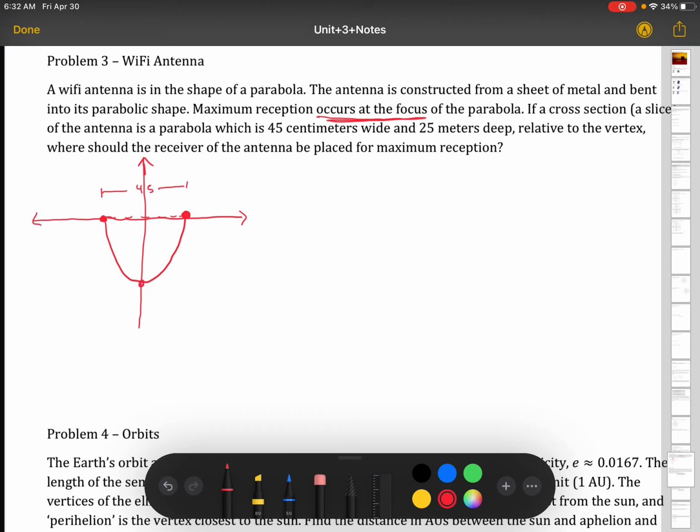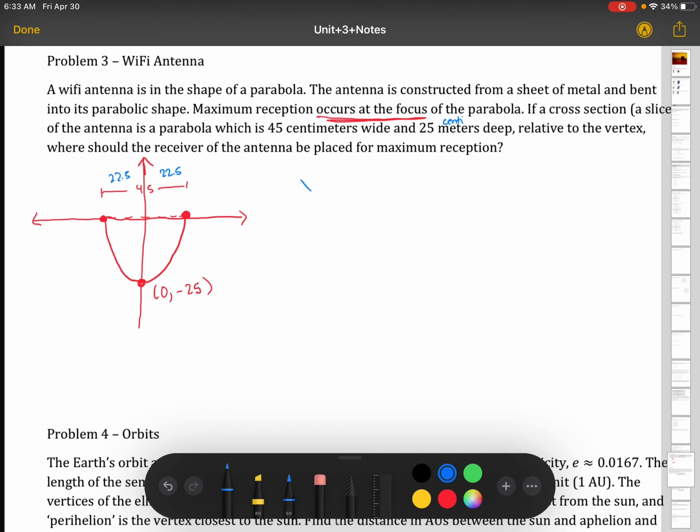So that's going to make our vertex (0, -25). And again, on either side of the y-axis, we have 22.5 centimeters.